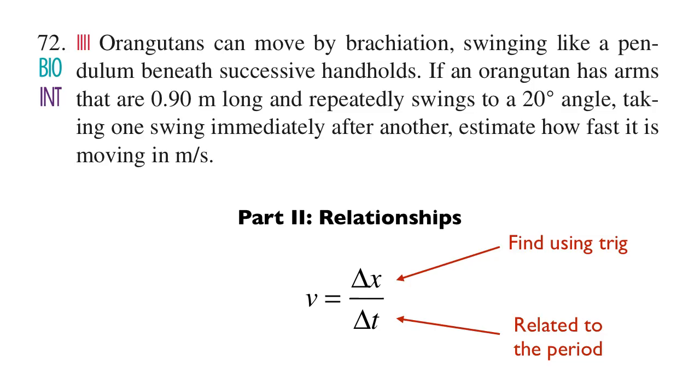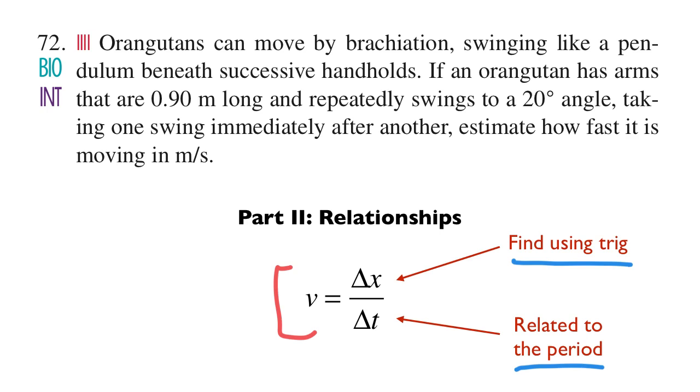Second piece, we want to think about relationships, and the relationship that we're going to use to find the speed is the one that we have from chapter 2, this one right here: v is equal to delta x over delta t. Delta x I can find using trig. Delta t is related to the period, because if I have pendulum motion, I can say something about the period of the motion.